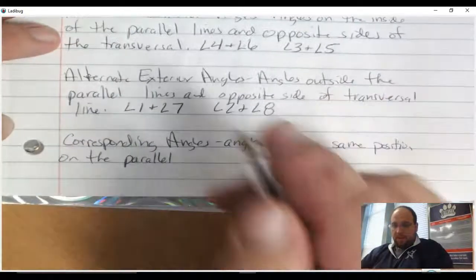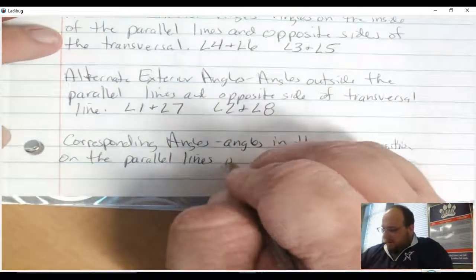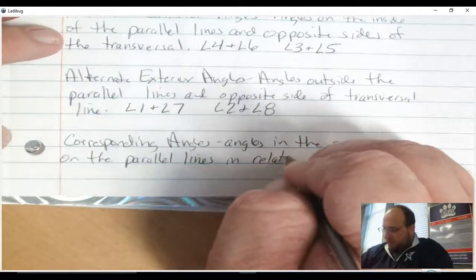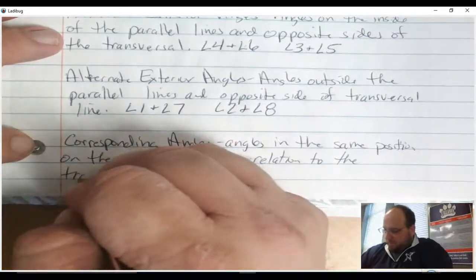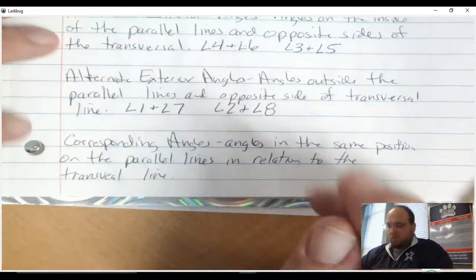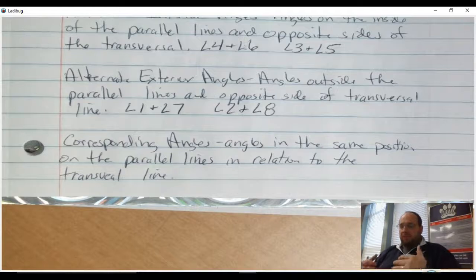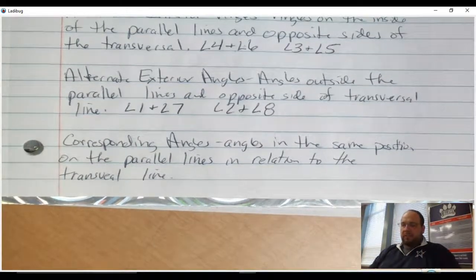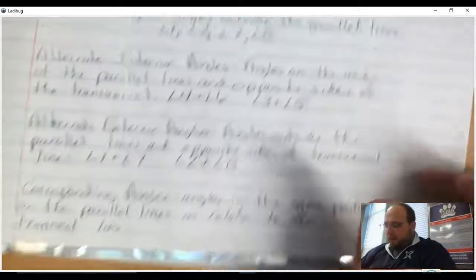I'll go ahead and slide that up. This one's going to end up with 4 pairs. Corresponding angles will actually have 4 pairs when you have a pair of parallel lines with a transversal line. So let's go ahead and identify those 4 pairs.